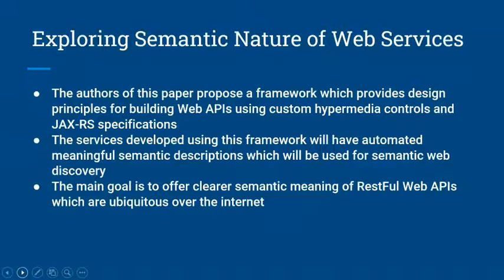The JAX-RS specification used here provides a group of APIs to develop REST web services by exposing Java classes as resources. I will be showing you a screenshot later, which will give you an idea of how these classes are being exposed. The main goal here is to offer clearer semantic meaning of RESTful web APIs, which are ubiquitous all over the internet today.